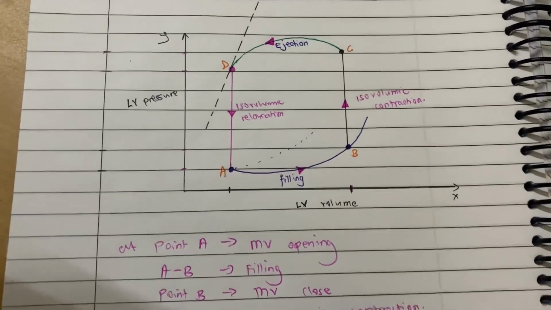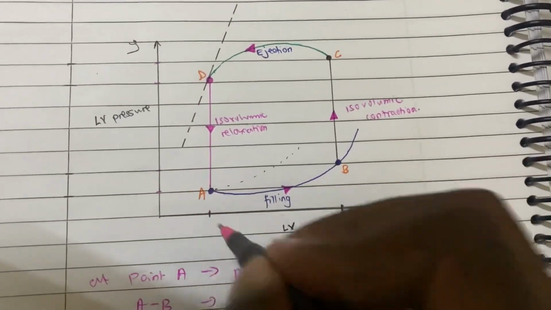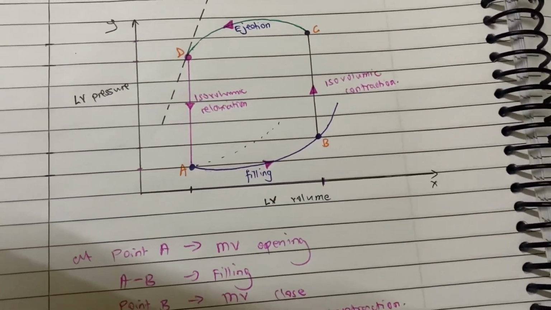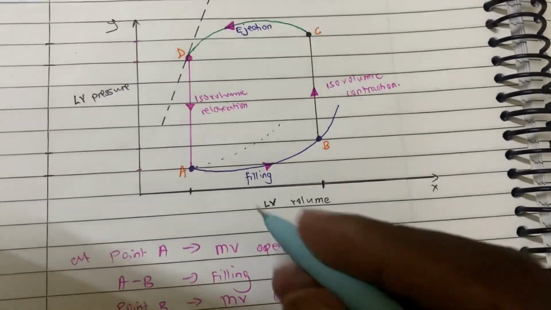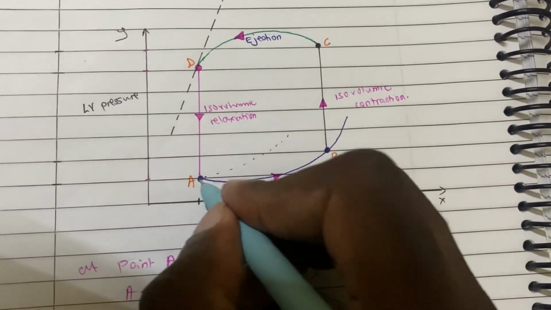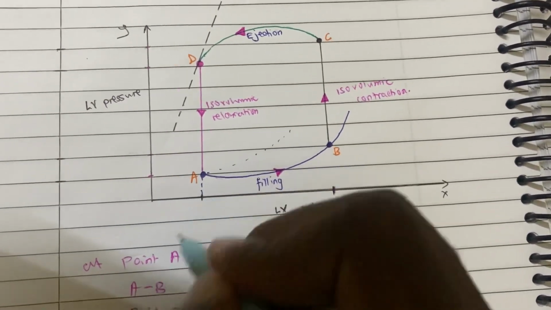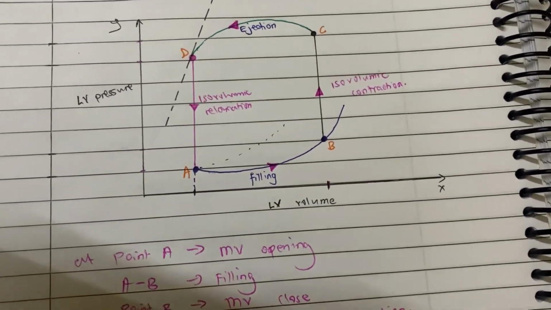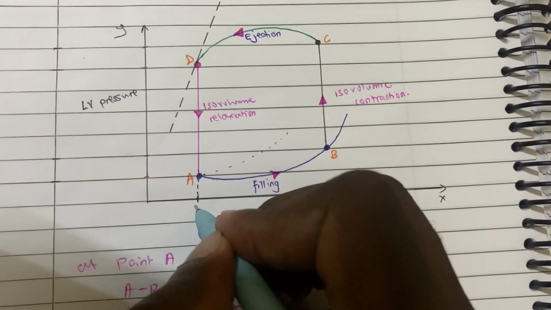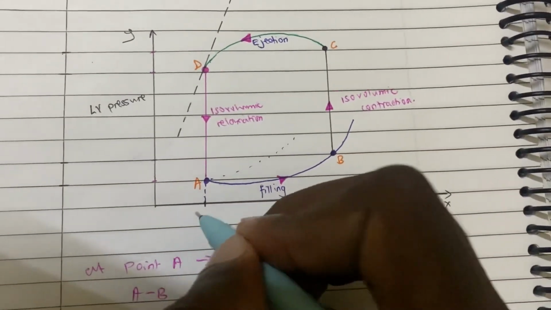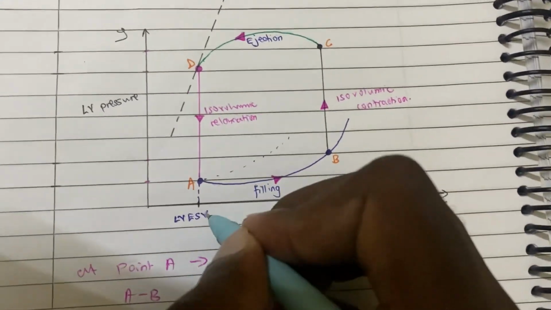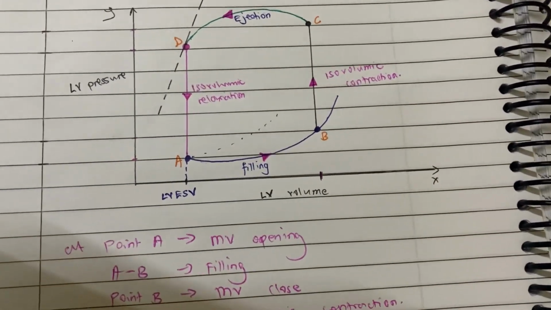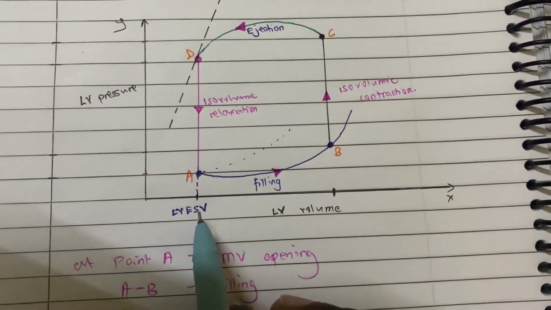Now, this is not enough. At point A, we have something different. Mitral valve opening, yes, it has opened, but what do we have at this line here? If you extrapolate this line on the volume axis, we have something called LV end-systolic volume.